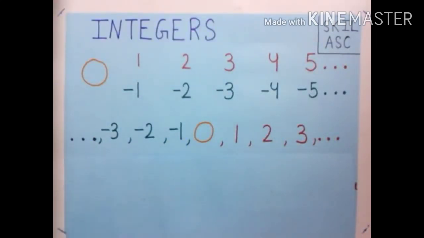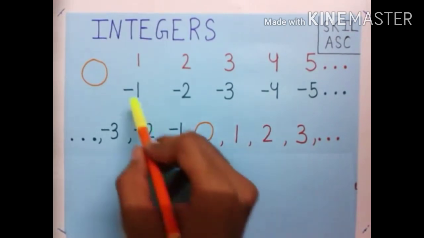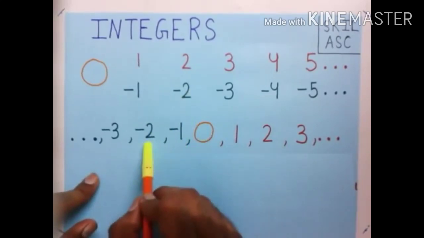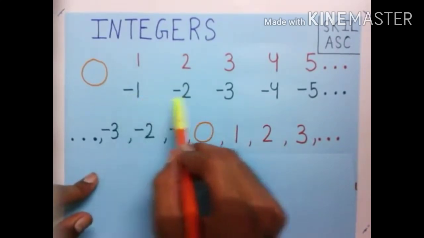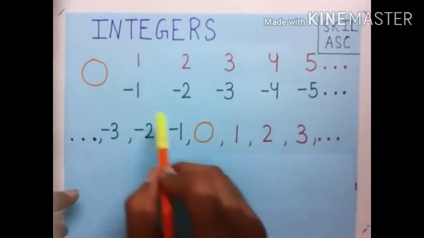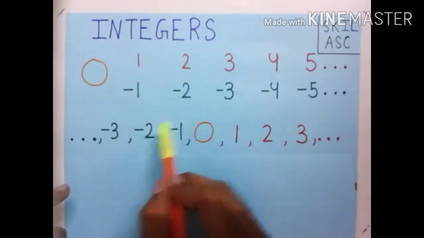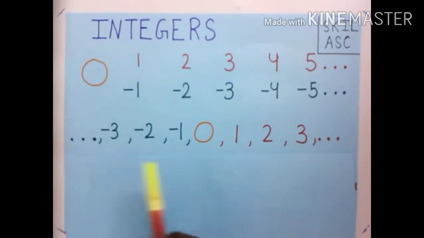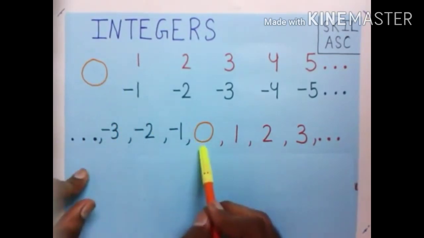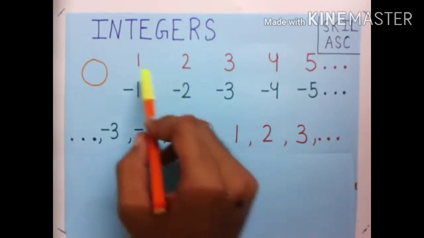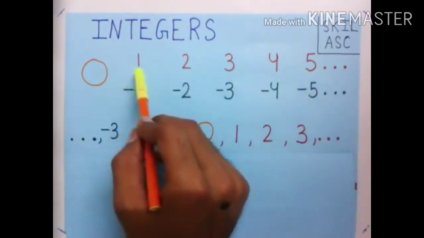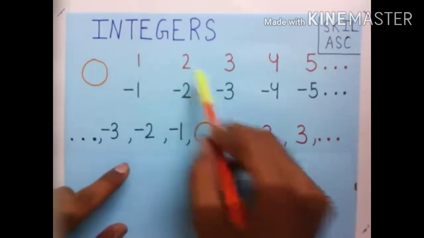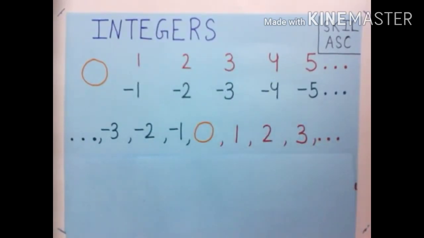Now how did I write this? I have written the negative numbers -1, -2 in the opposite direction. So you see, -1, -2, -3, -4, -5 and so on. And I have written 0 here. And I have written the numbers which are used while counting here: 1, 2, 3.